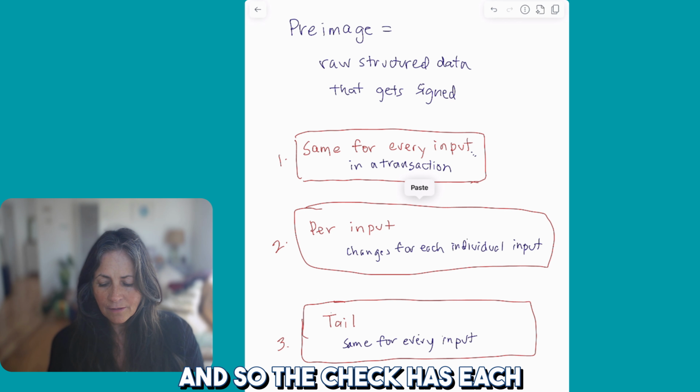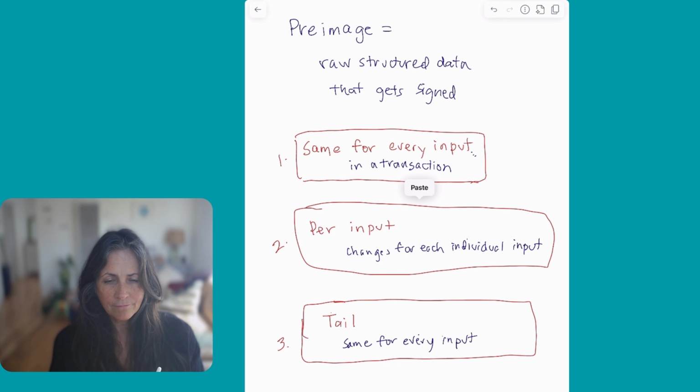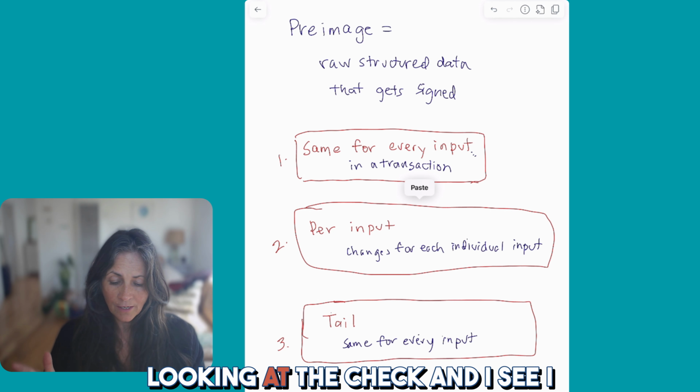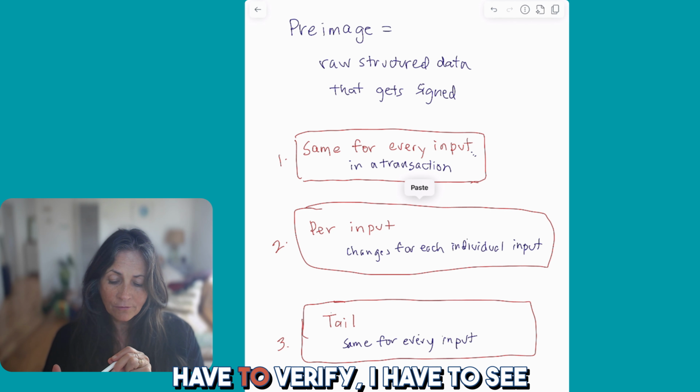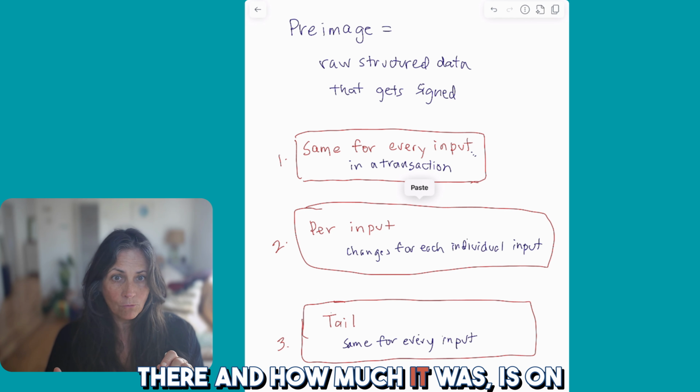And so the check has each party sign their part. If I'm person one and I'm looking at the check, I have to verify that what I had on there and how much it was is on there.